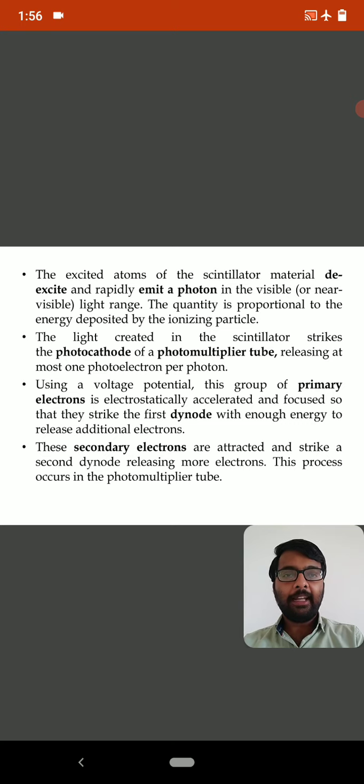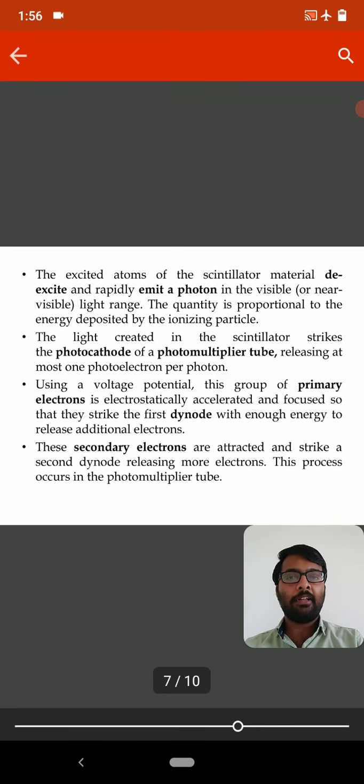The light created in this scintillator strikes the photocathode of the photomultiplier, releasing at most one photoelectron per photon through the photoelectric effect.